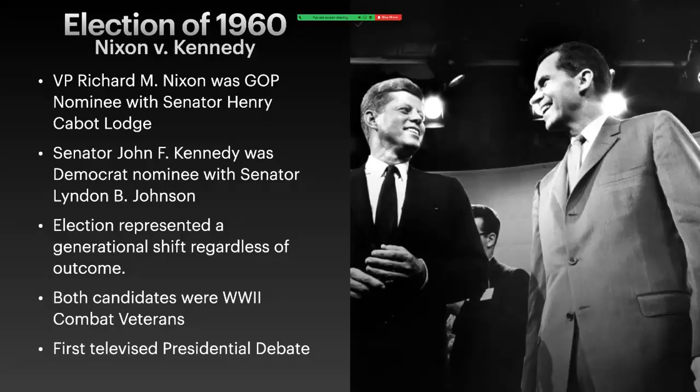Kennedy was the candidate of the Democratic Party. Again, much younger, and his running mate was an older gentleman, Senator Lyndon Baines Johnson of the state of Texas. Johnson was actually, technically, Kennedy's boss in the Senate. Johnson was the Senate Majority Leader, which is one of the most important and powerful positions in the legislative branch of government.